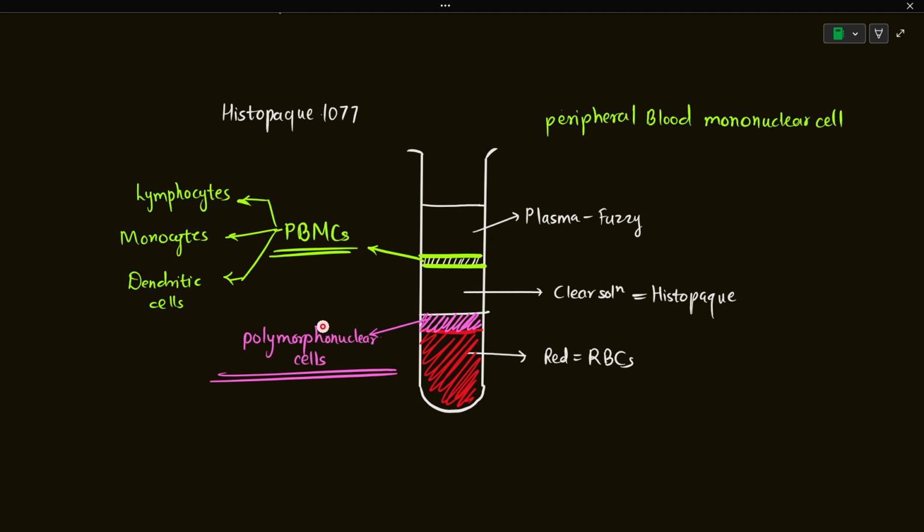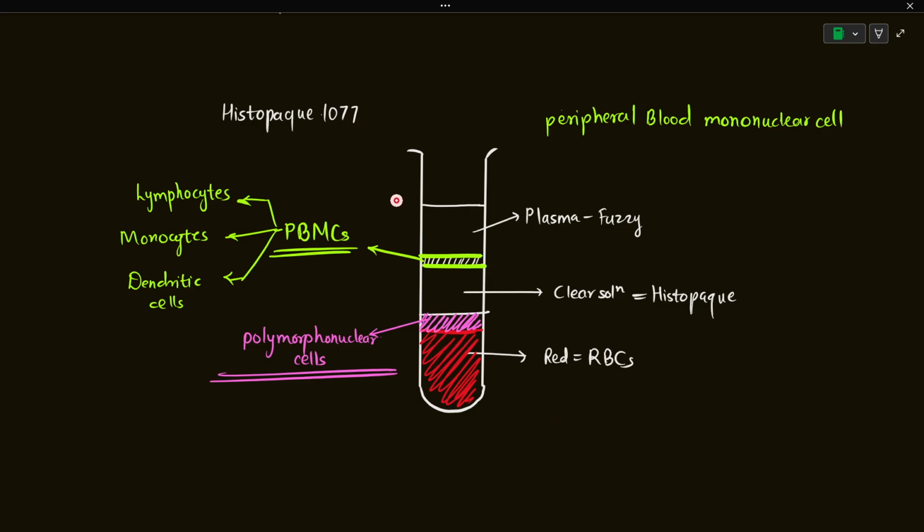Okay, so the polymorphonuclear cells contain granulocytes, such as neutrophils, basophils, and eosinophils. We can also separate them out using this whole method.